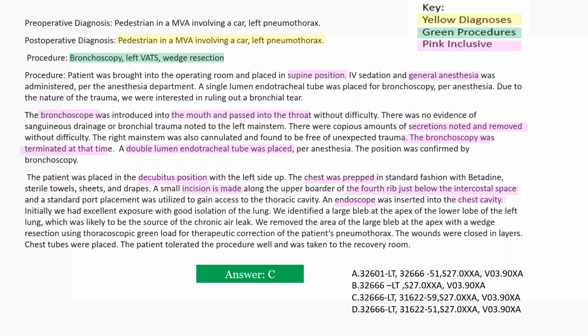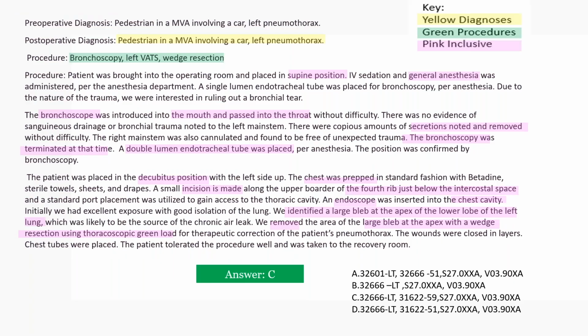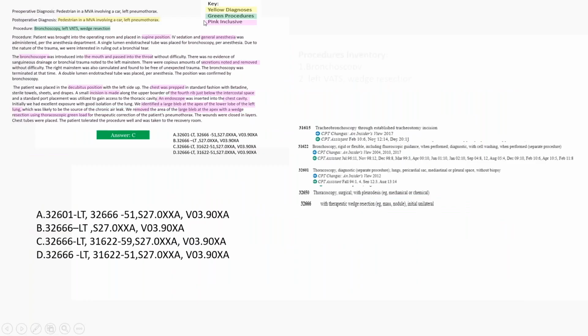An endoscope was inserted into the chest cavity and identified a large bleb at the apex of the lower lobe of the left lung, and removed the area of the large bleb at the apex with a wedge resection using a thoracoscopic load. So that's all that happened in our scenario.